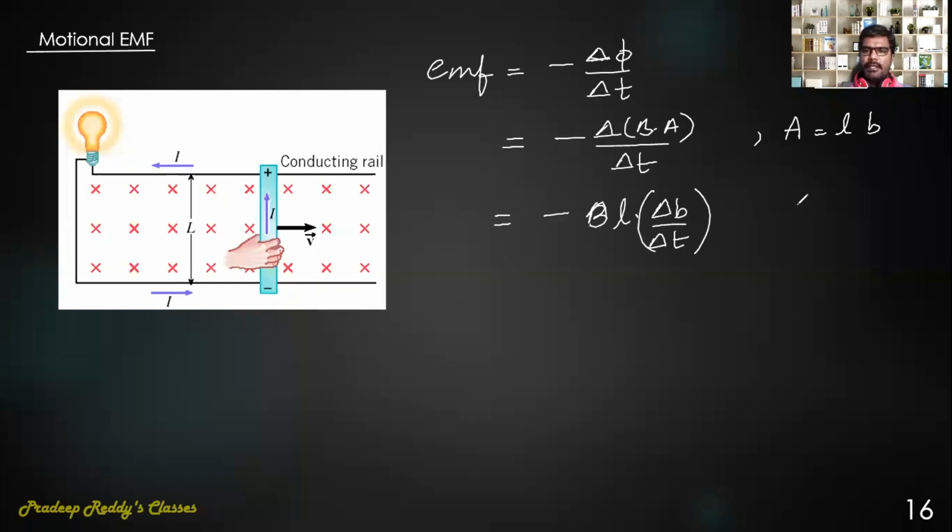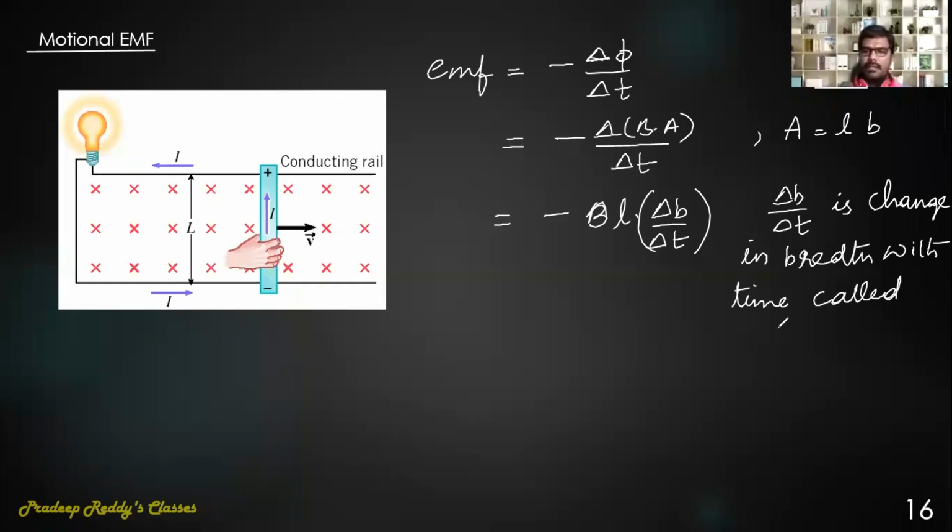So you can simply write that delta B divided by delta t is the change in breadth with time, called velocity.